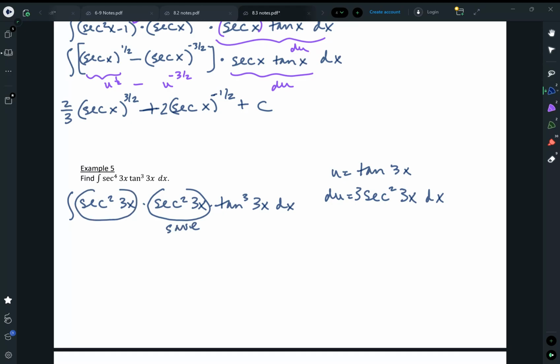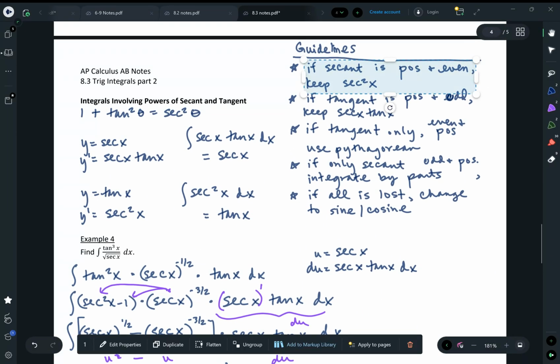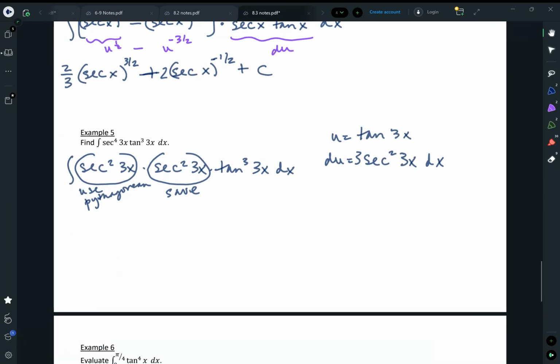I'm going to use Pythagorean and change to tangent. This one could go either way because there's the odd on tangent, so you could either use our first rule or our second rule. But this was easier for me. I think this one always turned out better.